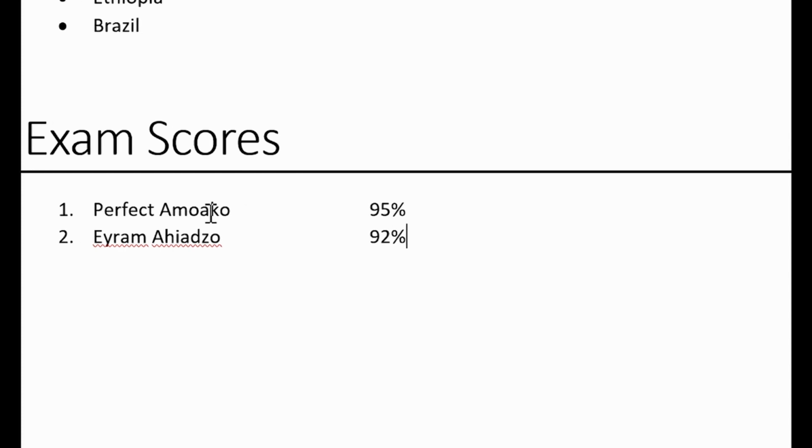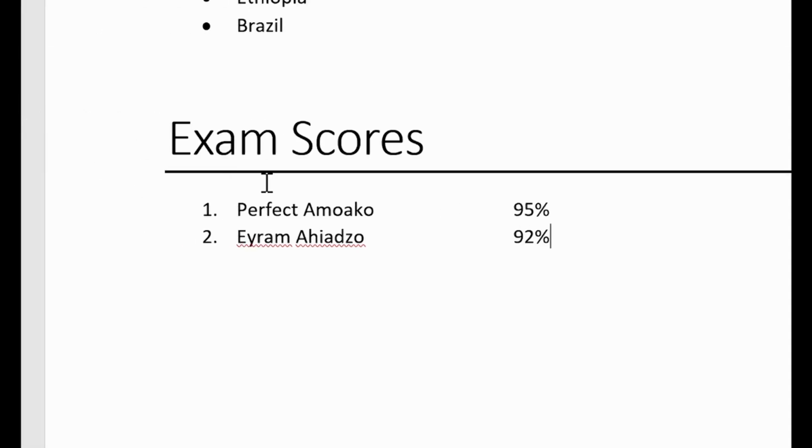Now, the reason why I'm using tab is because I want the scores to be in line. Without tab, it won't work. You need to know when to use tab. If you want to create something like this, we don't use space. No. That's awful.